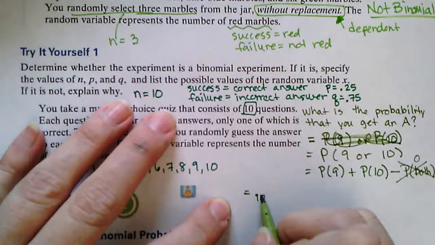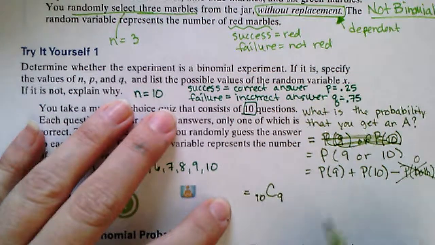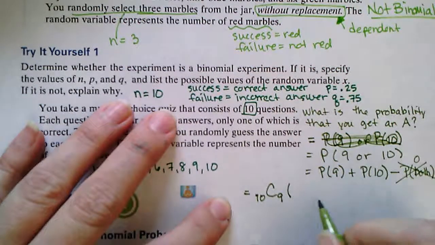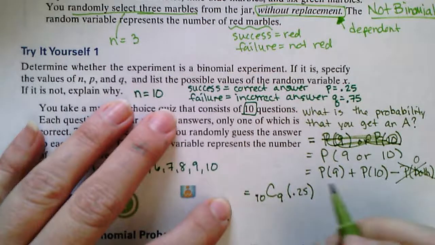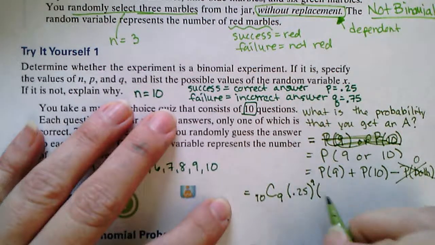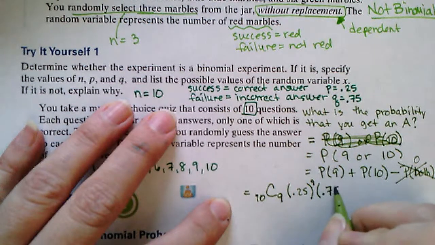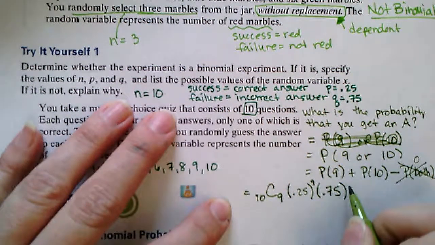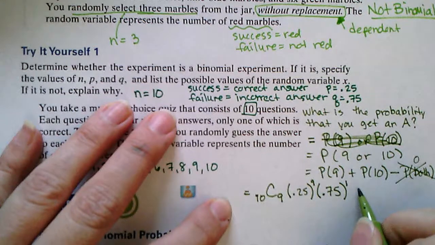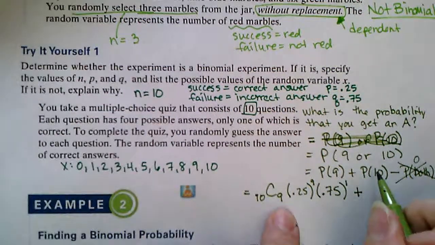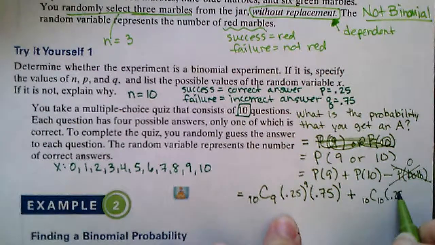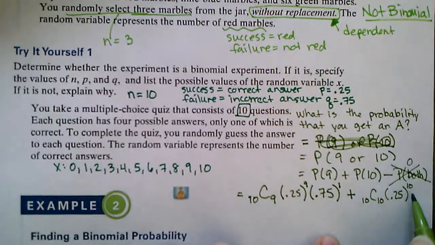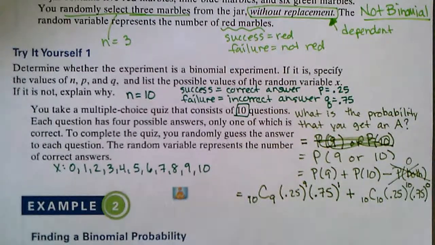So 10 trials, C9 successes, and then times the probability of success, which is 0.25, raised to the number of successes, which would be 9, times the probability of failure, 0.75, raised to the number of failures, which would be 1. And then I have to do the same thing for 10 successes. So 10C10 times 0.25 to the 10 successes times 0.75 to the 0 failures.